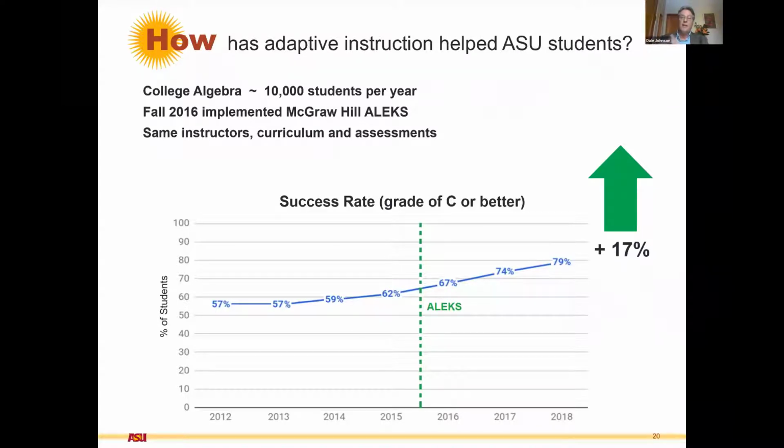Plus we've got additional instructional innovations that we've added here. Our success rate for a student that starts in the fall, by May of the following year, is almost 90%. So we're pushing the envelope of innovation to come up with ways to help these students succeed.